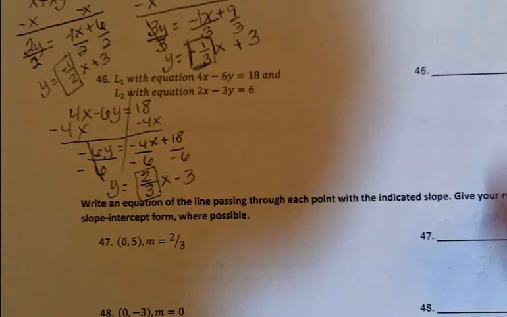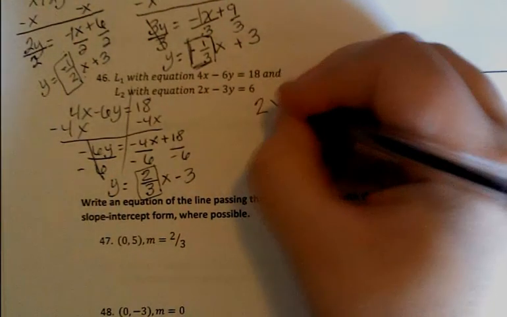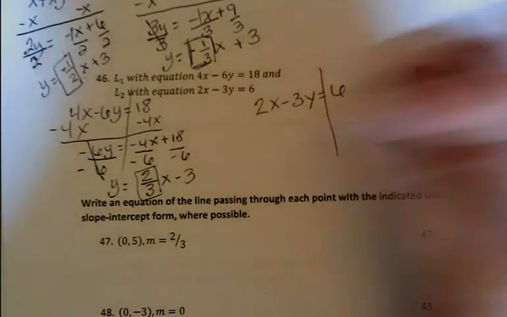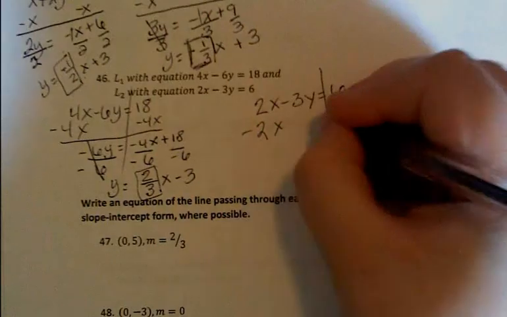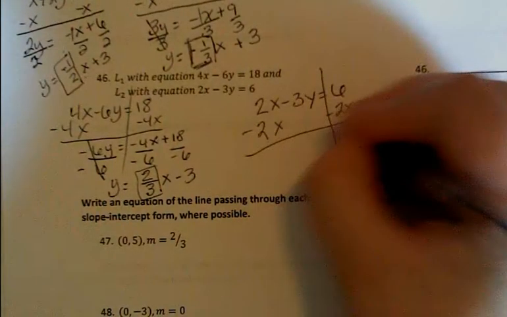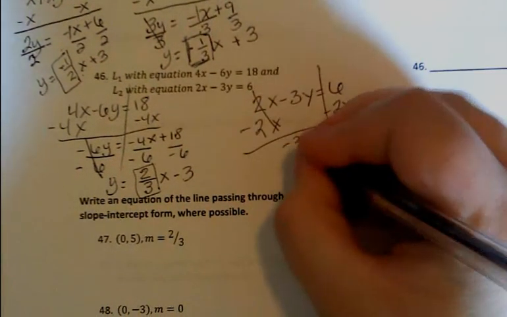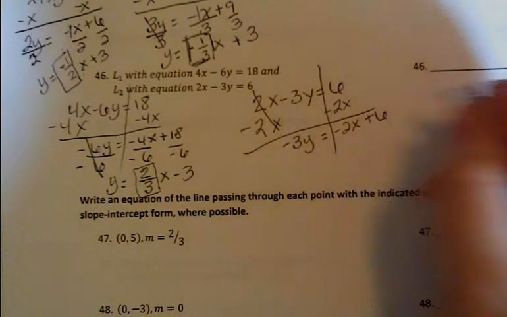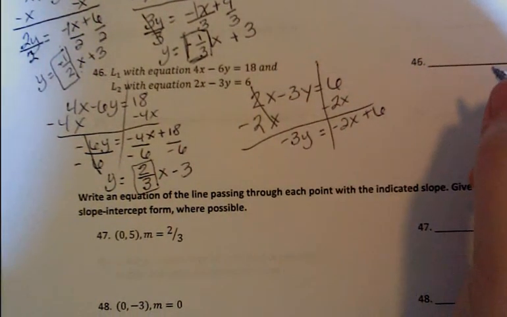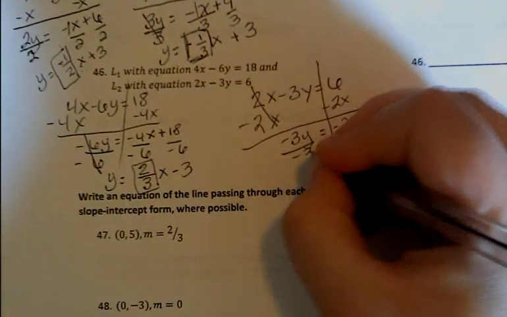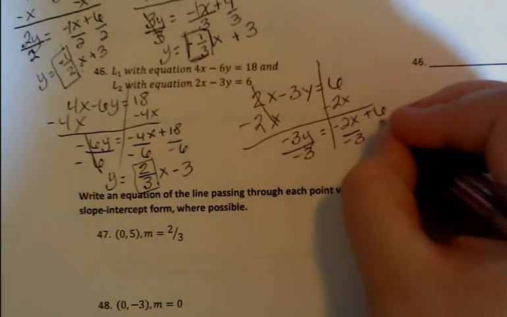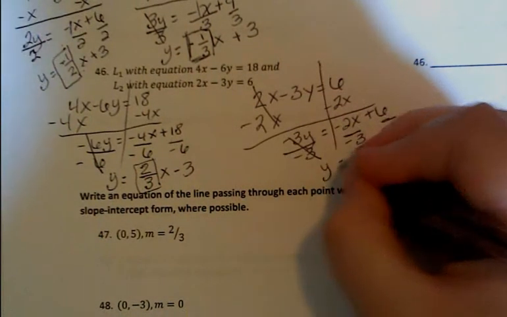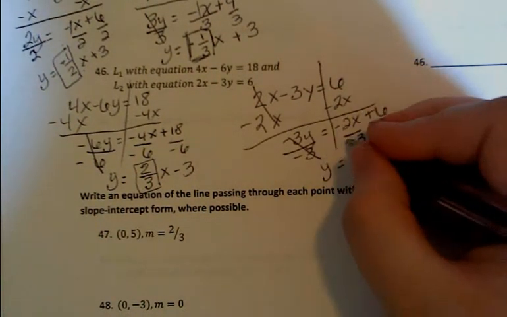Now let's look at the other equation. So to get the y by itself, I have to subtract 2x from both sides to get negative 3y equals negative 2x plus 6. And then I divide by a negative 3 on each term to get y equals a negative divided by a negative is a positive.